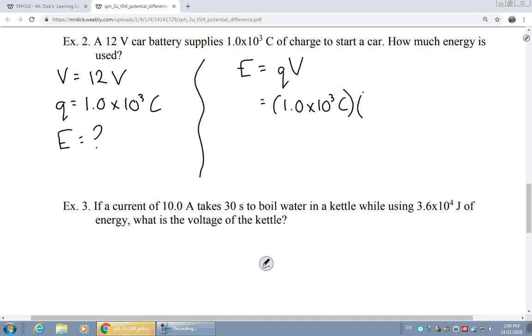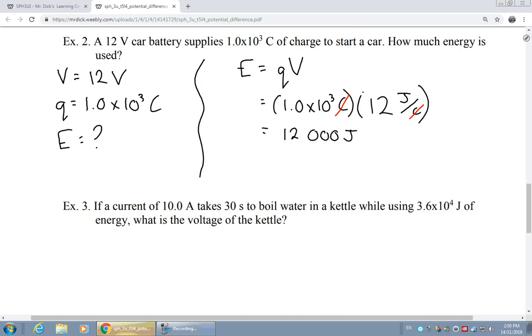We multiply by 12 volts, which I'm going to just write as joules per coulomb, just so that I can make a little reminder of what's going to happen with our units. When we multiply the coulombs by something that has coulombs on the bottom of the unit, the coulombs just cancel out. And so what we're left with is something in joules. And so essentially we're just multiplying 1,000 times 12, so we get 12,000 joules of energy being used.